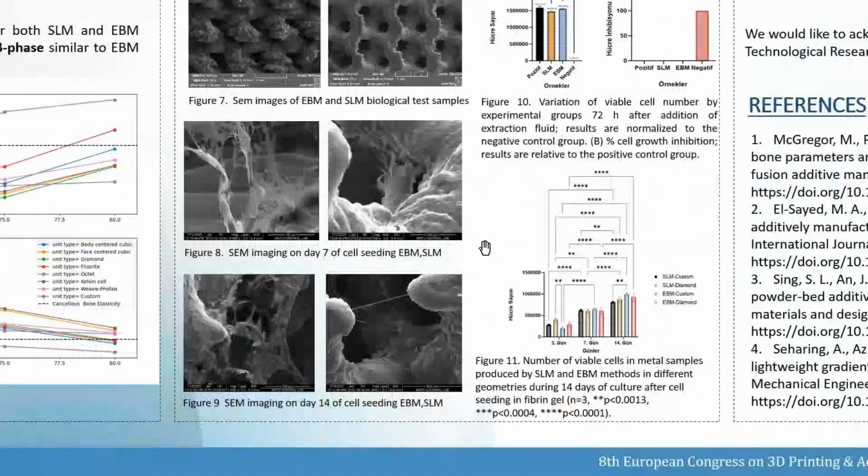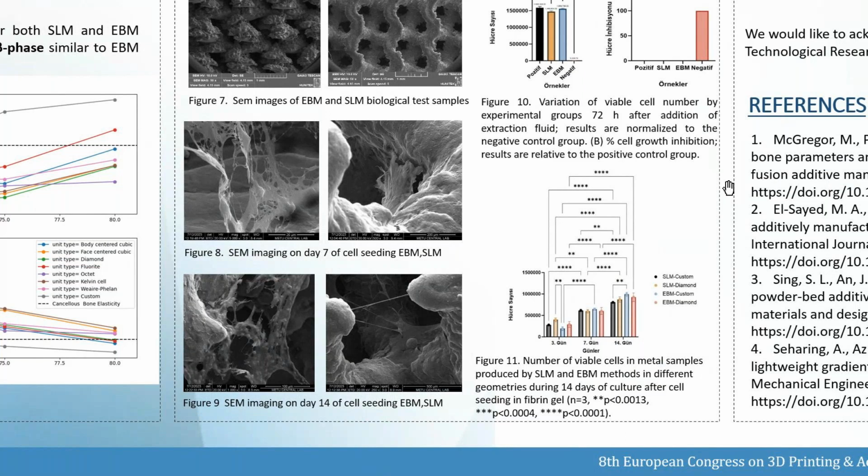In figure 11, you can see the viable cells in the metal samples. We first compared the EBM and SLM processes in in vitro tests. After that, we compared the two unit cells we selected, which are custom and diamond lattices.